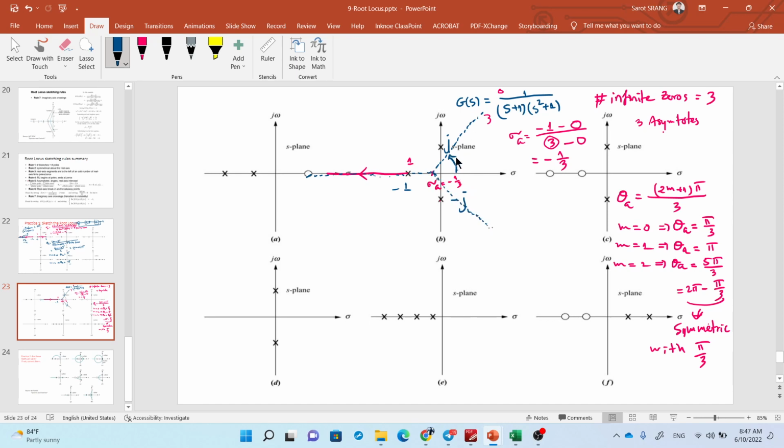So this is pi over 3, this is pi, yeah. And this one is actually minus pi over 3, which is like this, minus pi over 3, okay. Then we start to draw the root locus. So this one approaches this asymptote already. This one approaches this asymptote. Okay, and this one approaches this asymptote, like that.